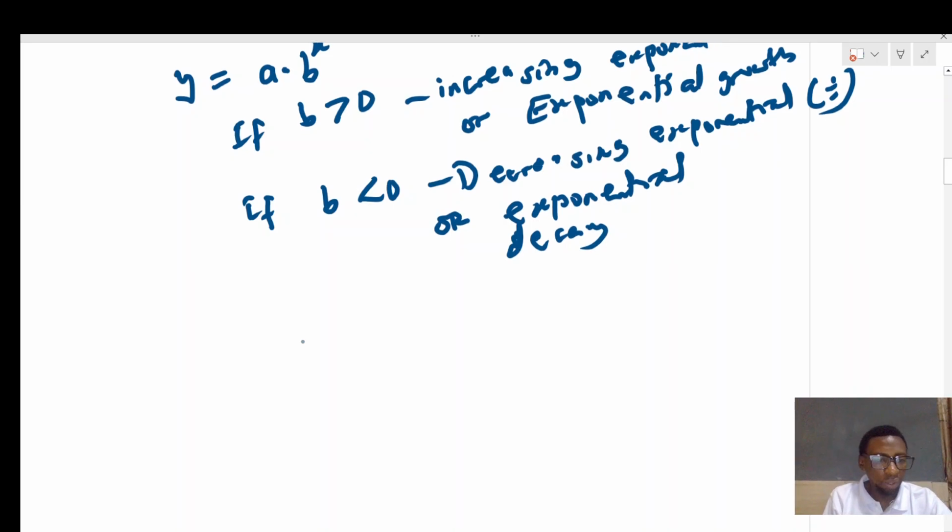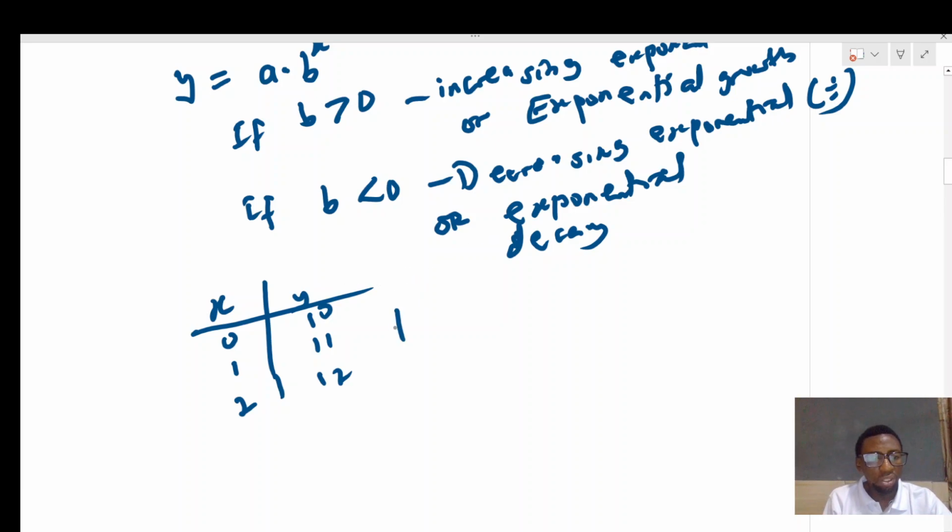I'm taking my time to explain all this. Let's say I have x and y, where x is 0, 1, 2. When x is 0, let's say y is 10, then 11, 12. I have plus, plus, plus. This is linear growth.